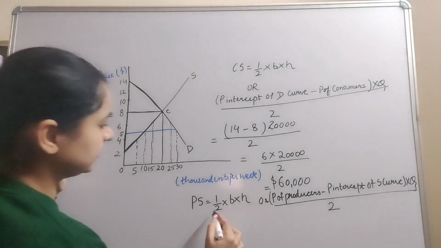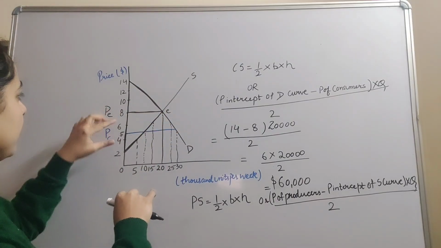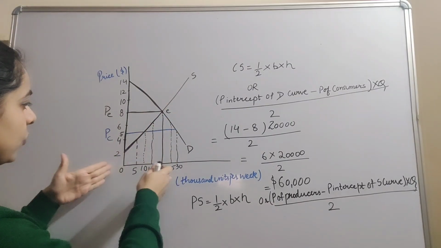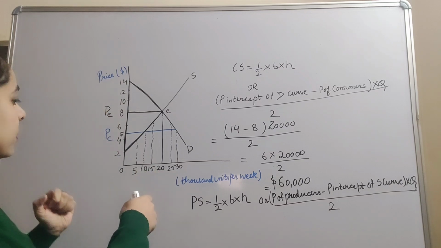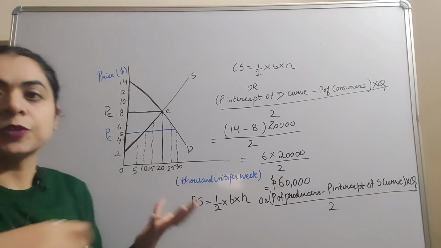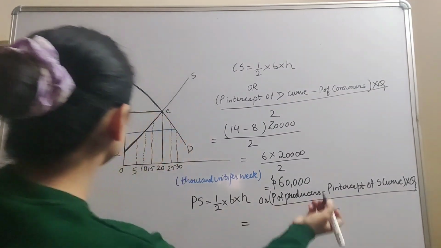And if we see the area of a triangle here, then again we have base as 20,000, height as 8 minus 2, that is $6, and then we divide it by 2. So both ways the final result will remain the same.